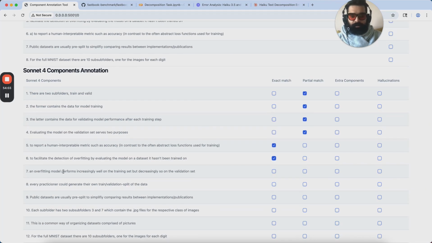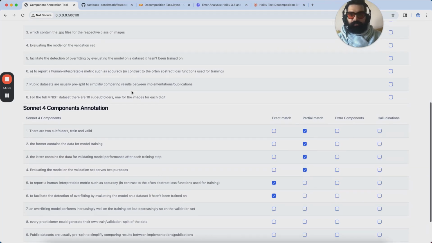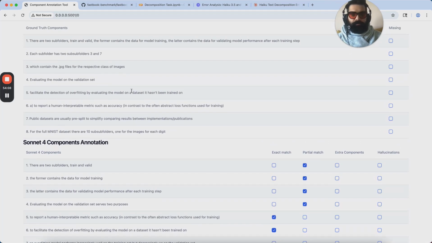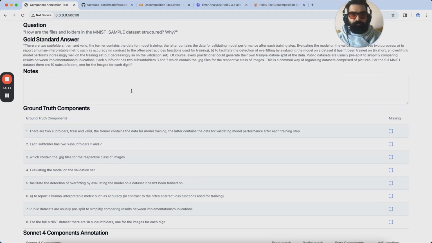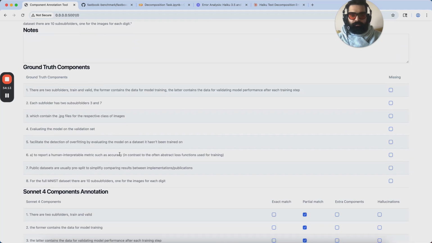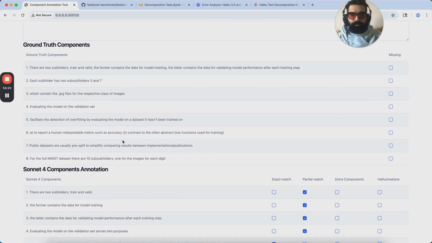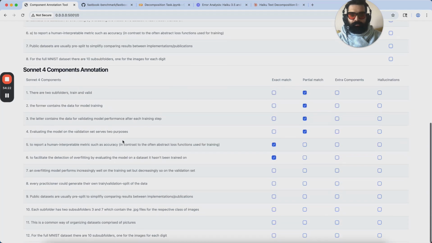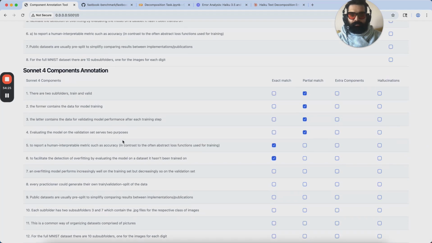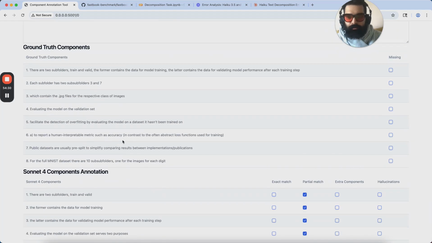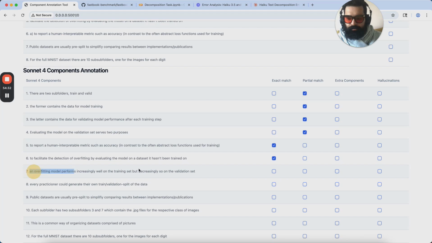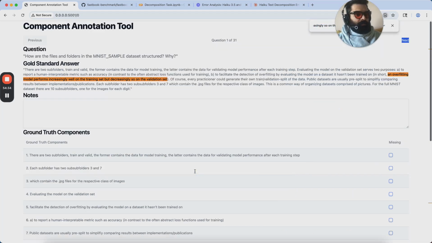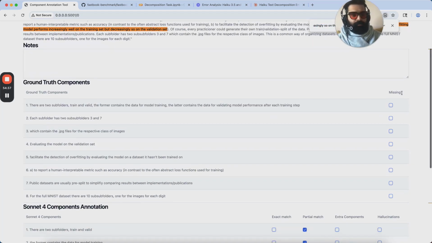Okay. Overfitting, model validation set. Wait, I guess that's not a component.